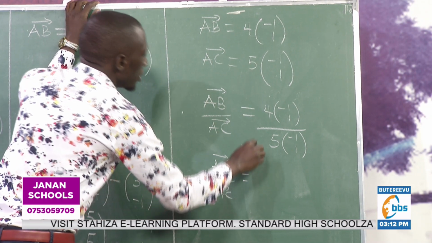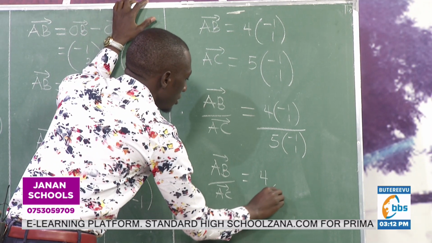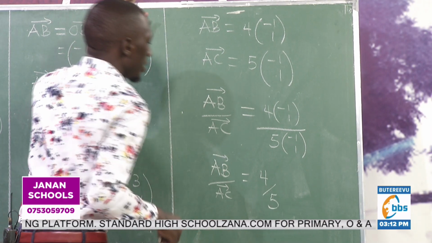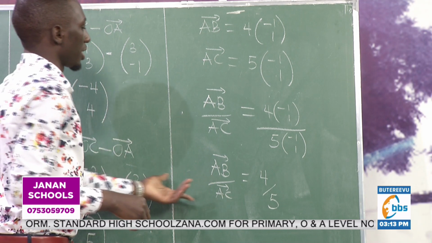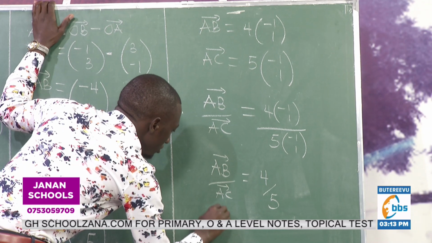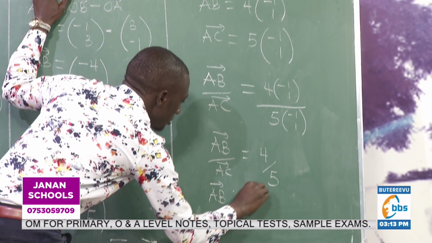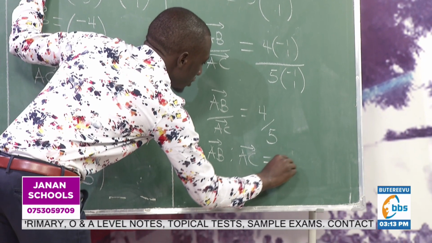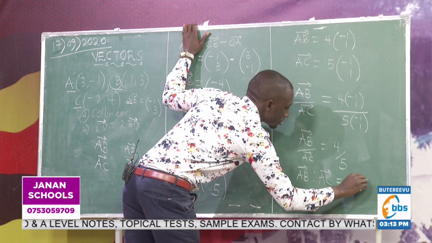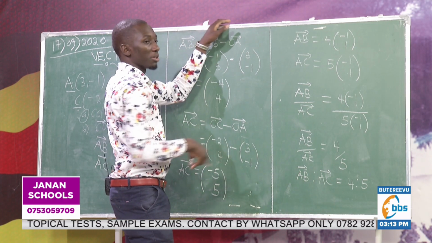This will be equal to, so this one will cancel out, so I'll be having 4 over 5. Now I can write this one in terms of a ratio. I can say AB to SC will be equal to 4 to 5. So still having this relationship means that they are parallel vectors.